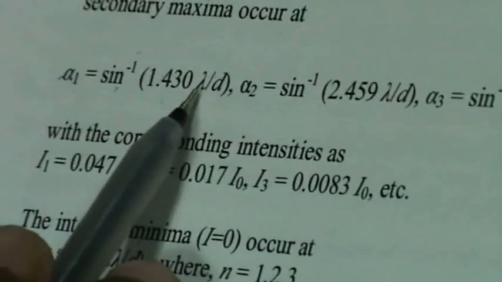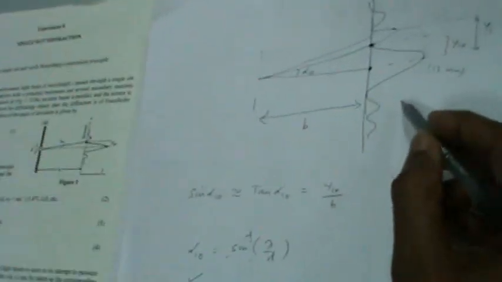So the entire experiment in the first part is, if you look at this expression, we need to evaluate d. Lambda is fixed. So some way or the other, we need to find out what is sin alpha 1. You look at this figure over here.